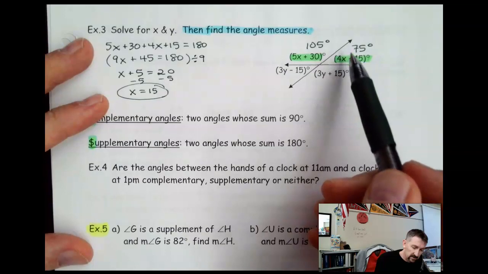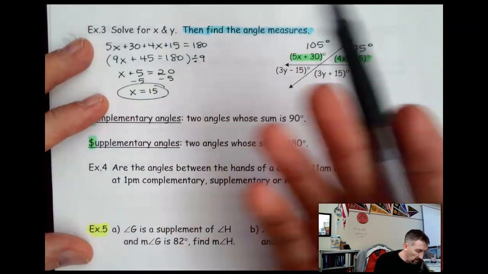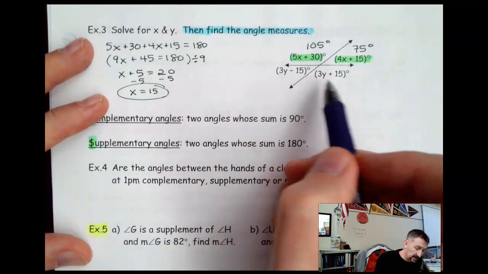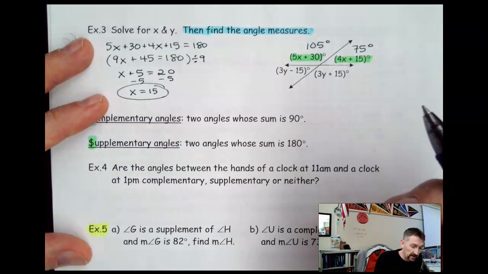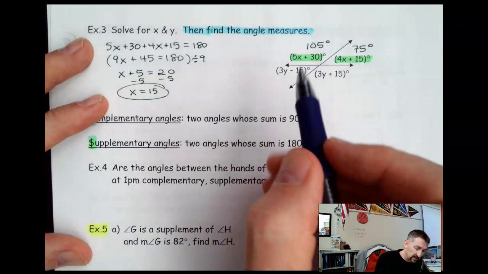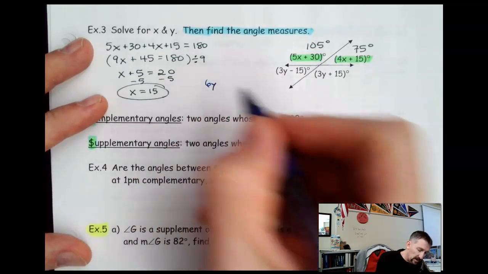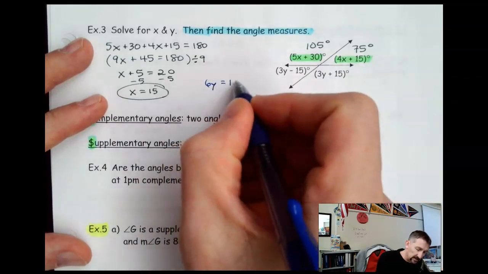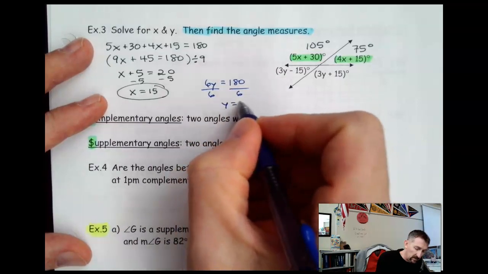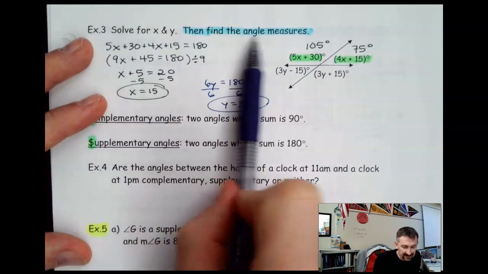So we could set these two equal to each other, or we could set these two equal to each other, or we could do another equation down here and add these together and set that equal to 180. So we have a lot of options. So I think what I'll do is add these together, which would be 6y, and the 15s will cancel, and then that's going to be 180. So y equals 30.